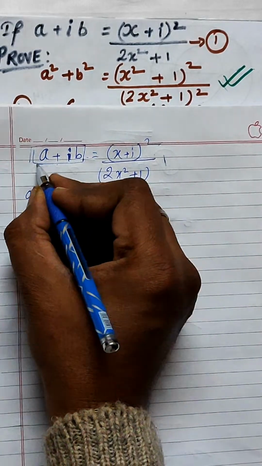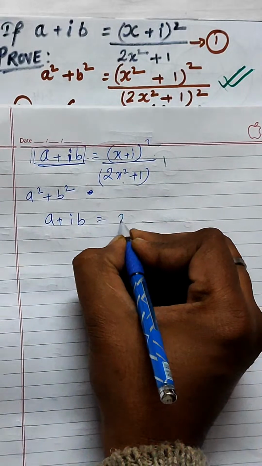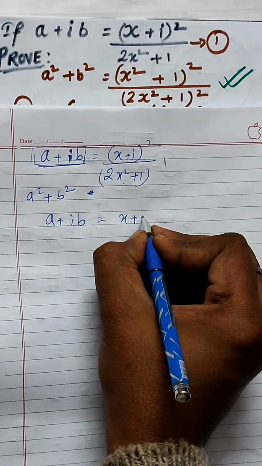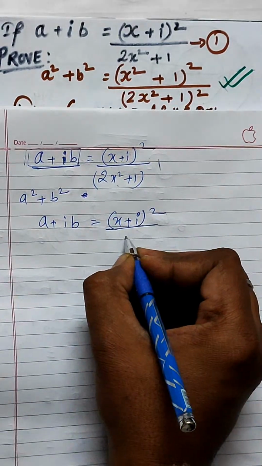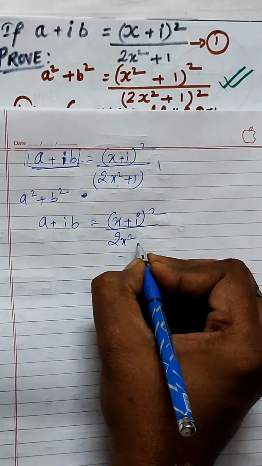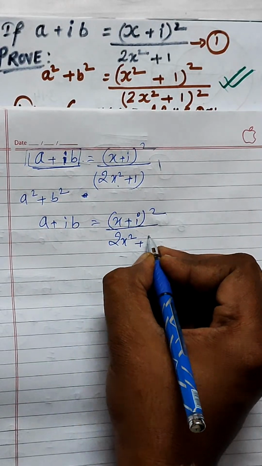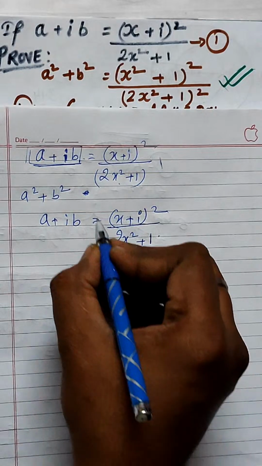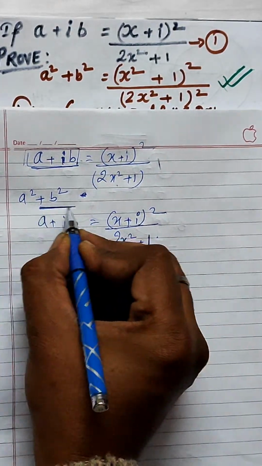Since a plus ib is given as (x plus i) whole square by 2x square plus 1, take the conjugate.